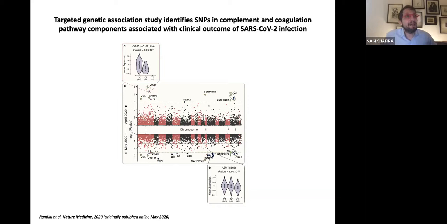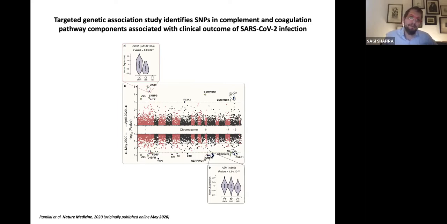So at the time, there were a couple of cohorts whose data was released in the UK Biobank. For those of you who are not familiar, and I imagine this audience all is, UK Biobank is following tens, if not a couple of 100,000 patients that have been fully sequenced or genotyped in one way or another.